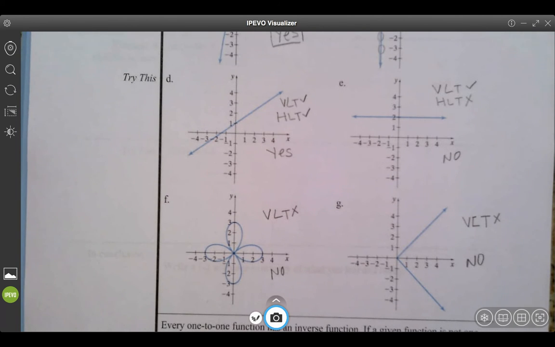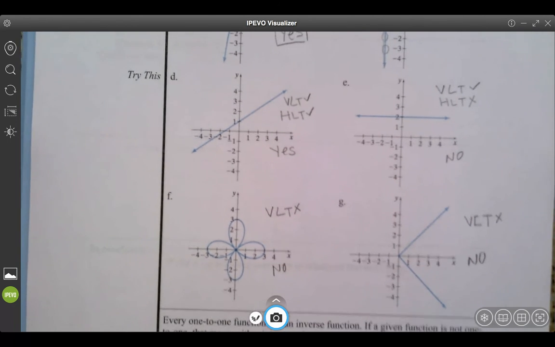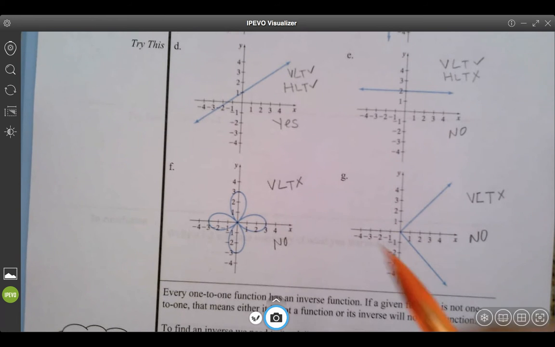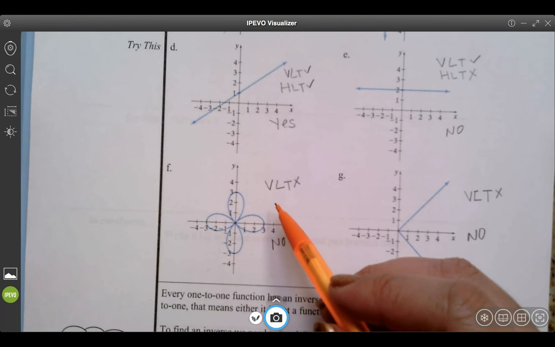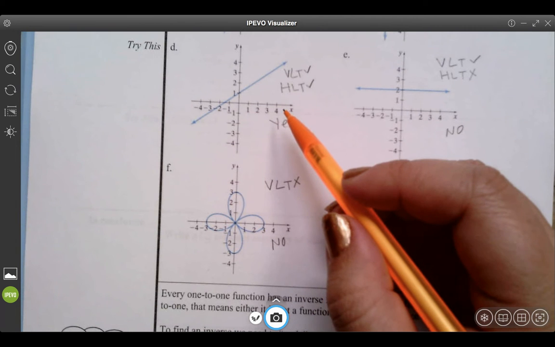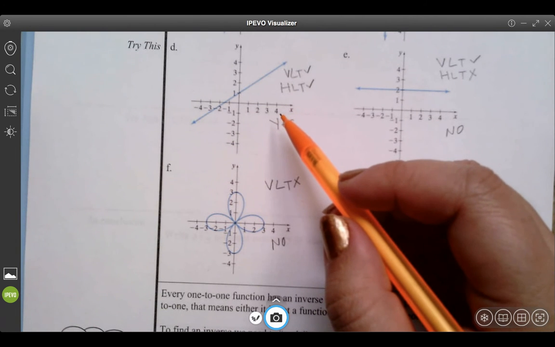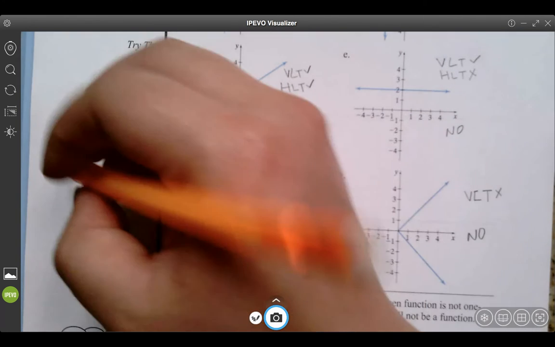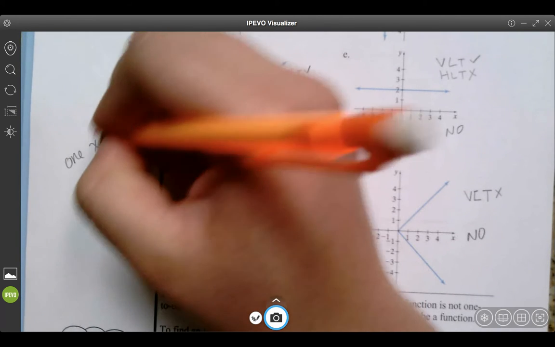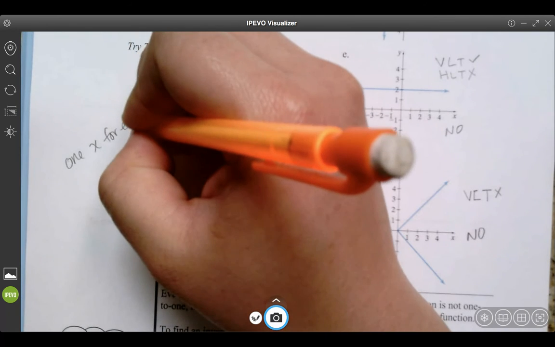All right, so what does it mean to be one-to-one? We said the vertical line test means that every x has a unique y value. Well, the horizontal line test means that every y also has a unique x value. So there is one x value for every y value and one y value for every x value.